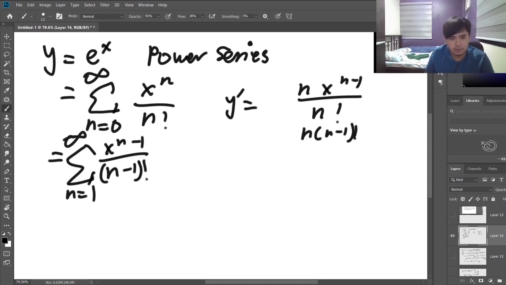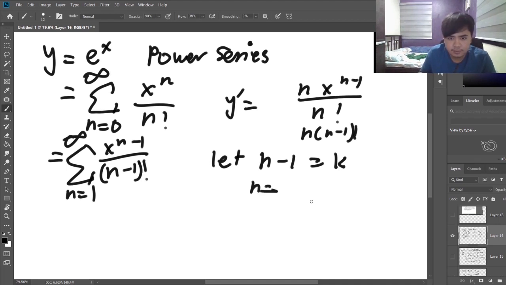So what does this mean? Well, let's substitute n minus 1 to be k. What does that mean? Well, we know that if n equals 1, then k is equal to 0. So let's substitute.